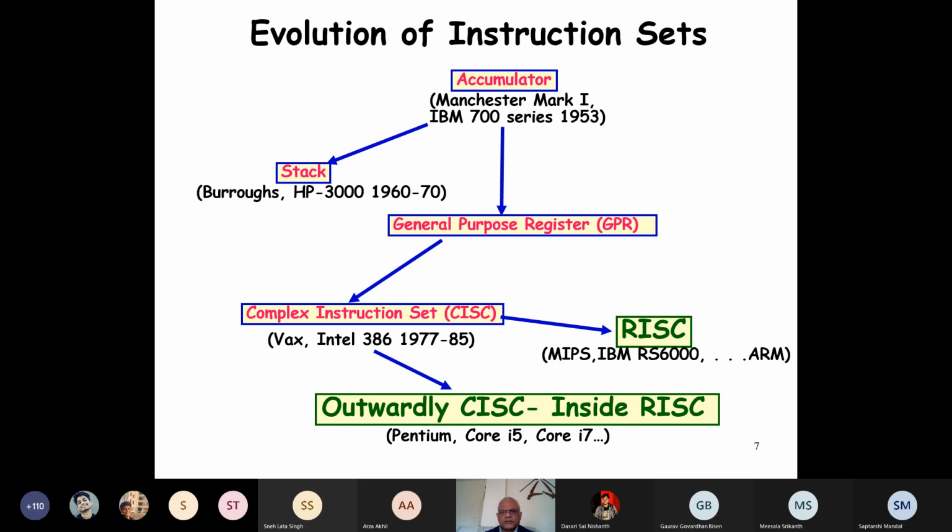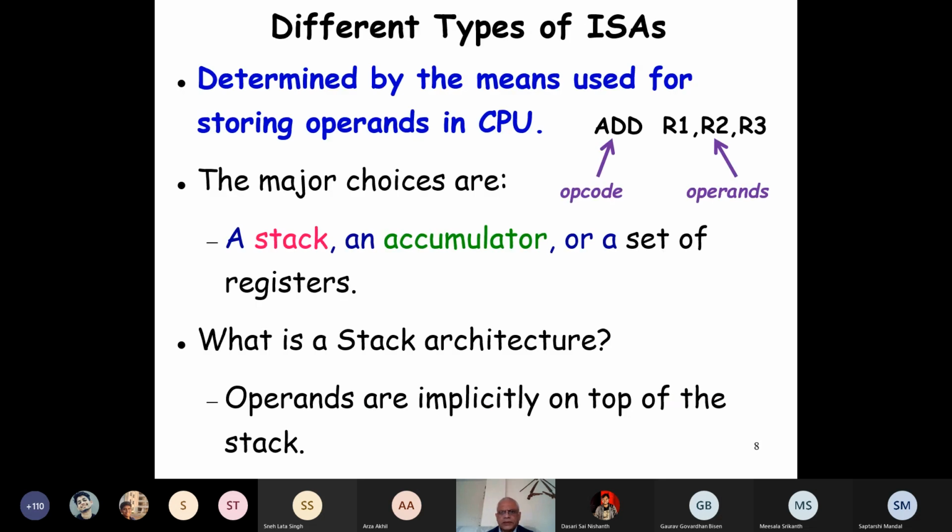Okay, we're just seeing the different sets of the instruction sets, starting with accumulator, stack, general purpose register, CISC and RISC, and the outwardly CISC inside RISC. We will see examples of this. And we are saying that if you look at an assembly instruction, there is an opcode here.